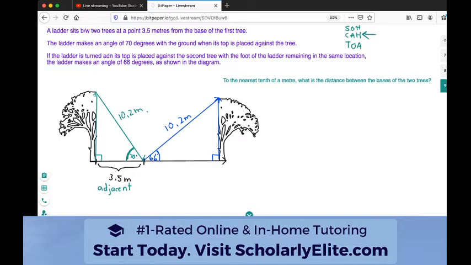What we're really solving for here now is this. We don't know what this is, so I'm going to call it y, because altogether we want to solve for what's going on here. In the last case, we knew the adjacent and we didn't know the hypotenuse. In this case, we know the hypotenuse length, but we don't know the adjacent length, because we care about this angle here, 66 degrees.